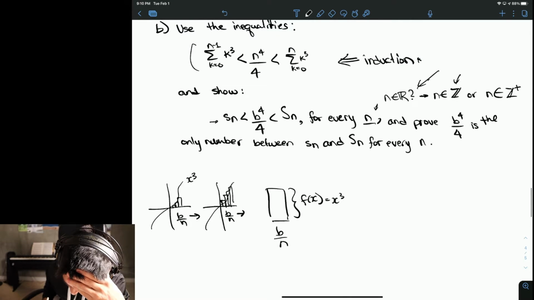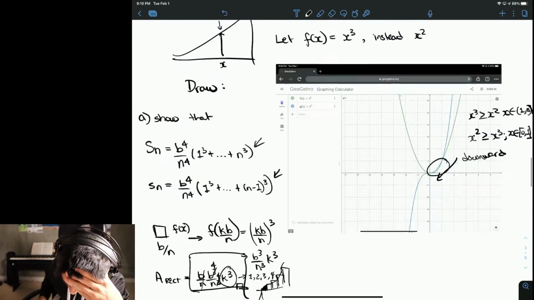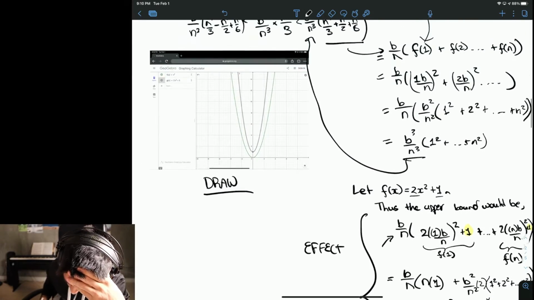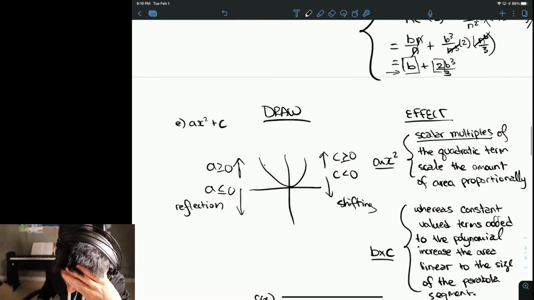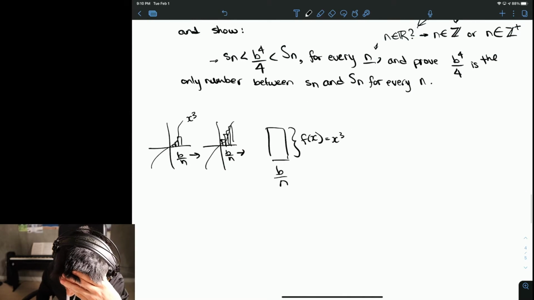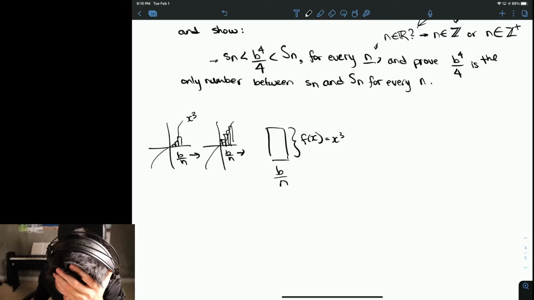And we know from the previous exercise that if we do this kind of thing, we can factor out a b squared over n squared term, but in our case it's going to be a b cubed over n cubed term. But I'll write it just to be literal. So we have all these rectangles, right? We have another one over here, another one over here.